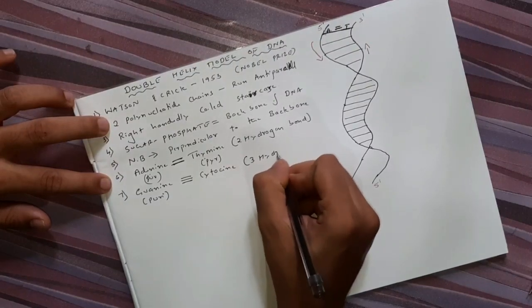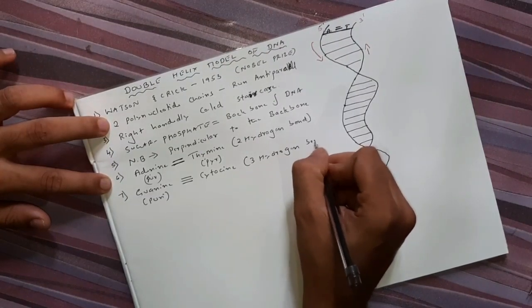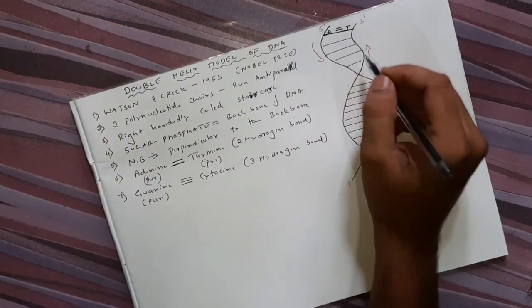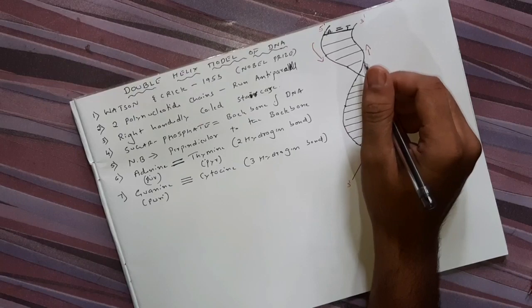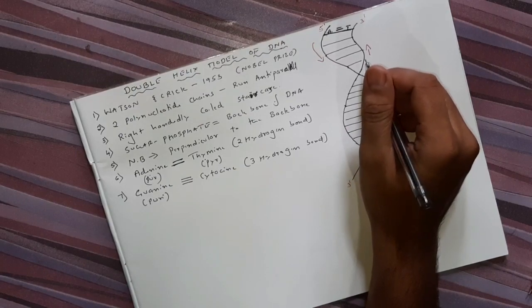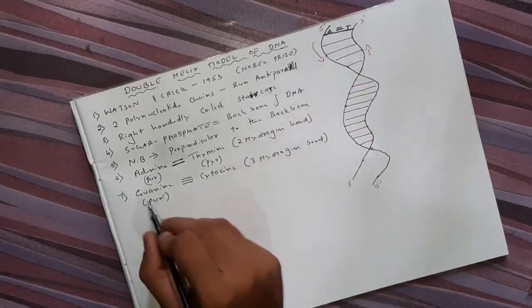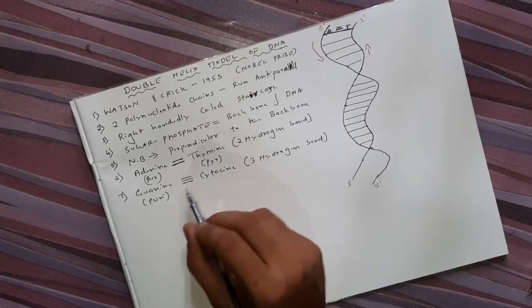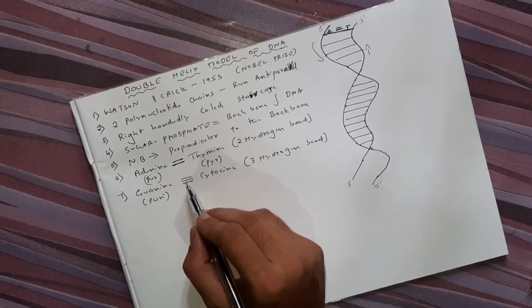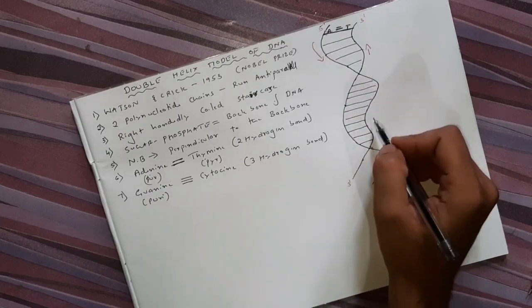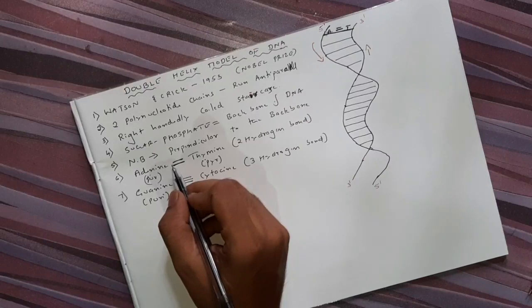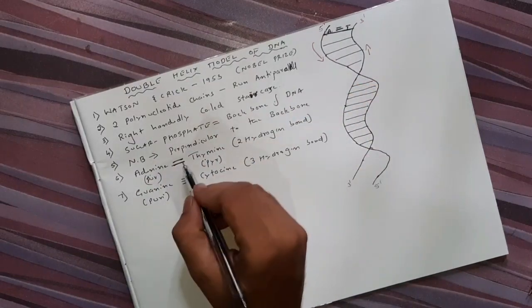So you may get a question: if in the DNA there are more guanines, is it a fragile DNA or a very strong DNA? It's a very strong DNA. Why? Because guanine always binds to cytosine. If more guanines are there, then obviously cytosine must be there, and the bonds are also more. Three hydrogen bonds are there. The more the hydrogen bonds, the stability of the DNA increases. It's very difficult to break the DNA. If you have more adenine, then the DNA is weaker, simply because only two hydrogen bonds are there.